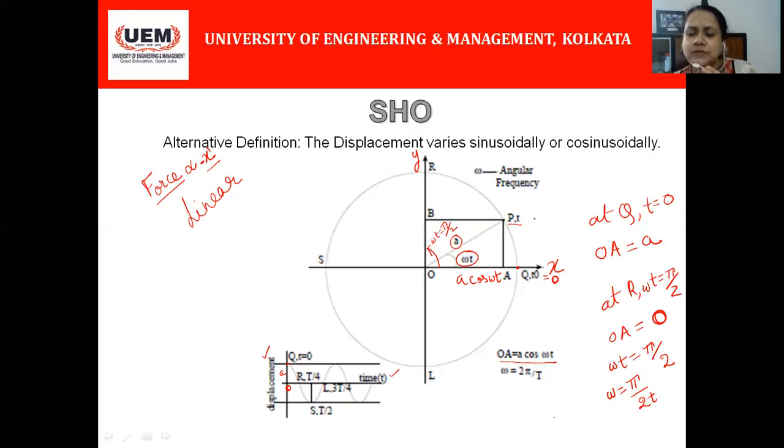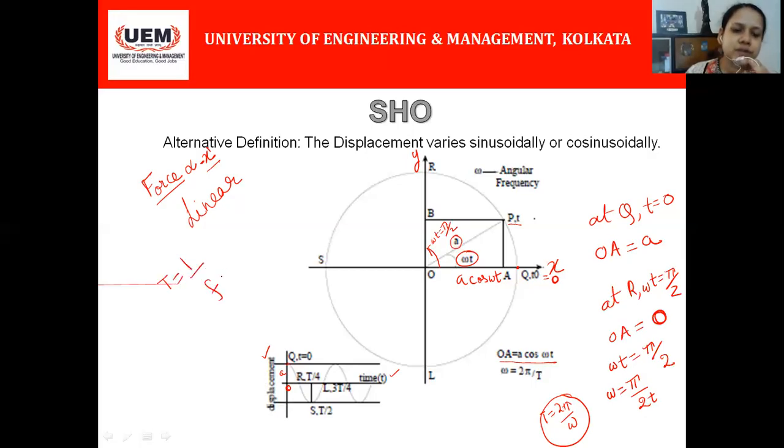And we fit this into the relation T is equal to 2 pi by omega, which is the relation between time period and angular frequency. Because what is the relation between time period and linear frequency? Time period is equal to 1 by linear frequency.